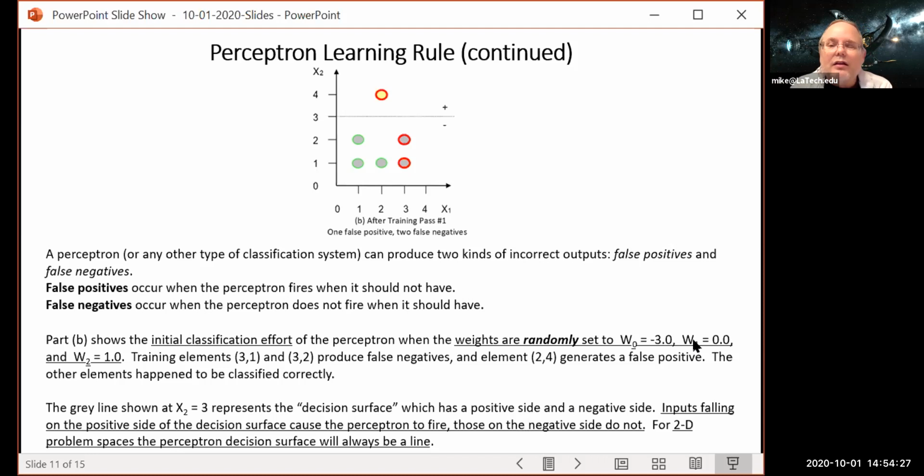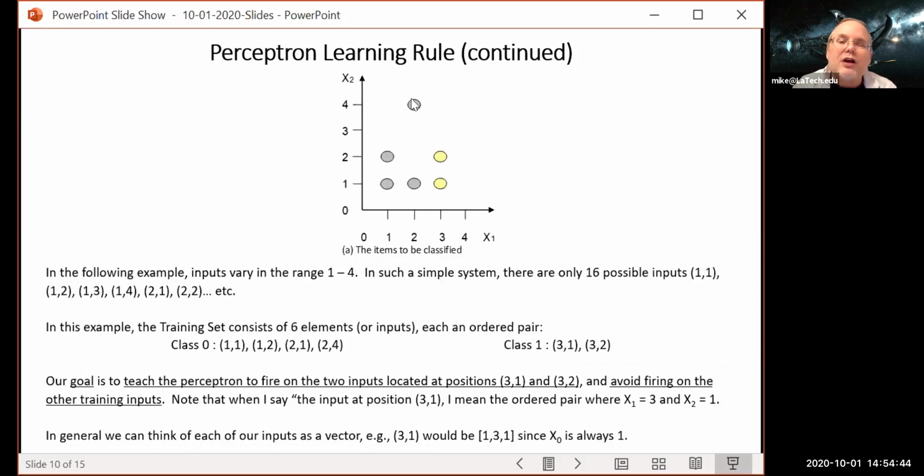So given these weights, you end up with the perceptron firing on this input. Now remember, it was not supposed to fire on that input, but it's got random weights, so it hasn't learned anything yet. We haven't taught it anything yet.